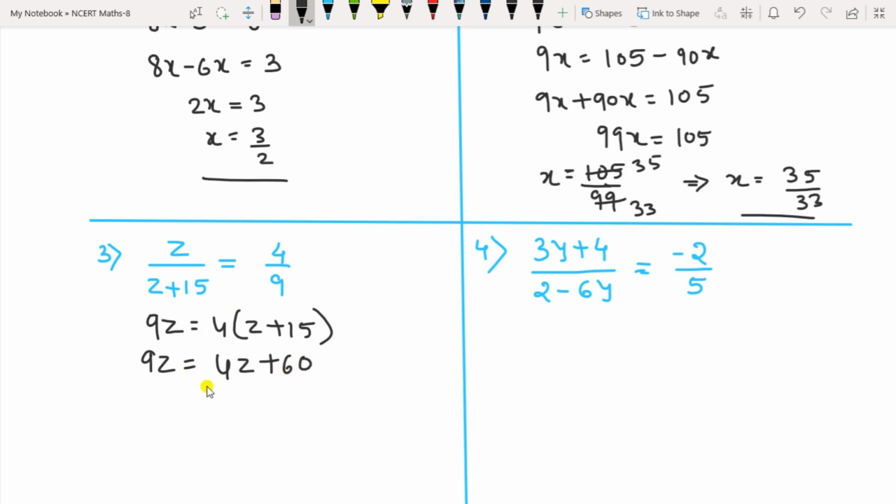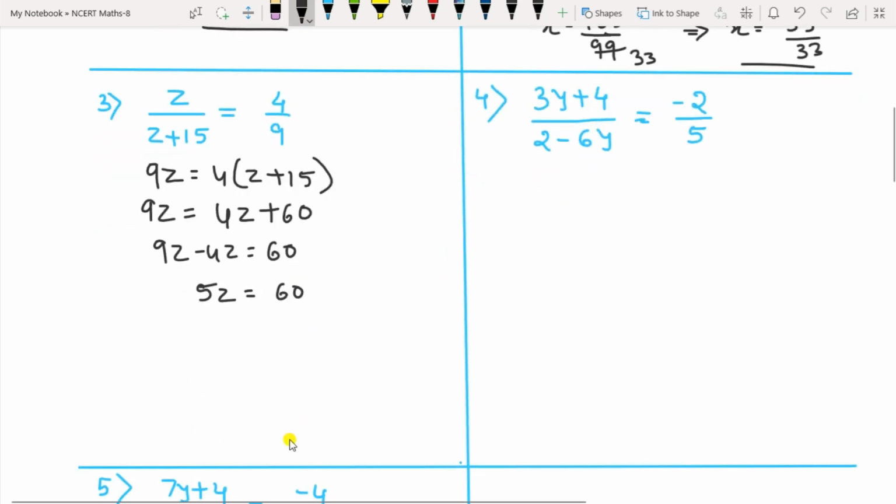So 9z minus 4z equal to 60. 9 minus 4 is 5z equal to 60. So it becomes z equal to 60 upon 5, that gives 12 as the answer. So z equal to 12.